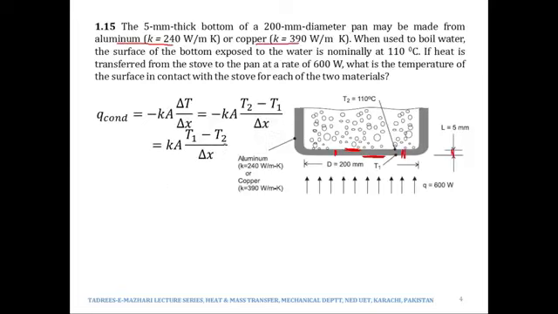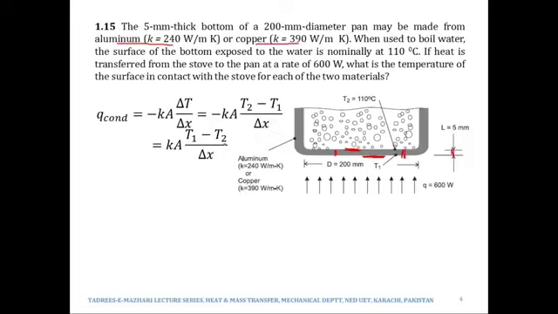So it would be pi r square or pi by 4 d square, where diameter of this pan is given as 200. So we will put 200 millimeters or 0.2 meters over here, and then T1 is the temperature that we have to find out, and T2 is 110 degrees Celsius.